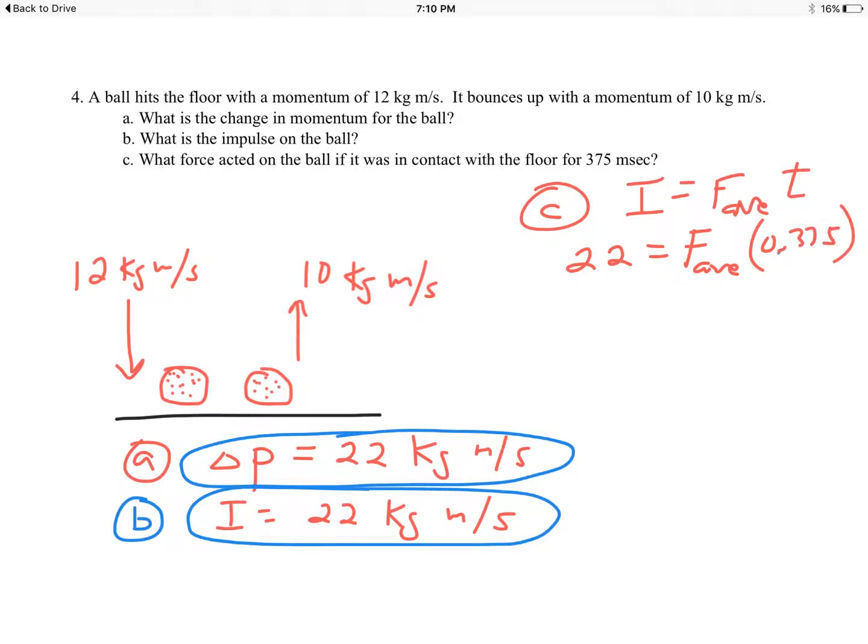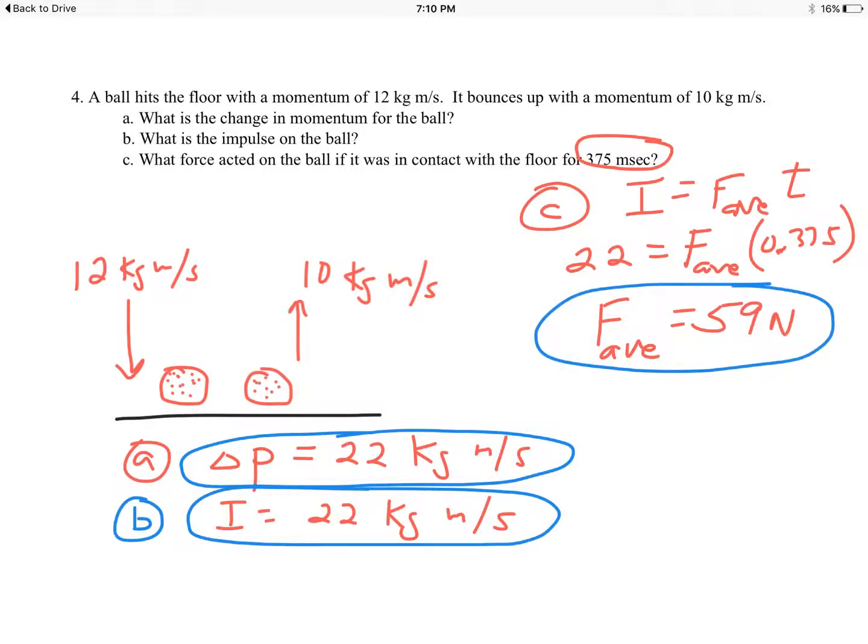It's a point right there, because milli is divide by 1,000 to get your seconds, 0.375. So now if we solve for F average, the average force, it comes out to be 59 newtons of average force on a ball by the floor as it bounces.